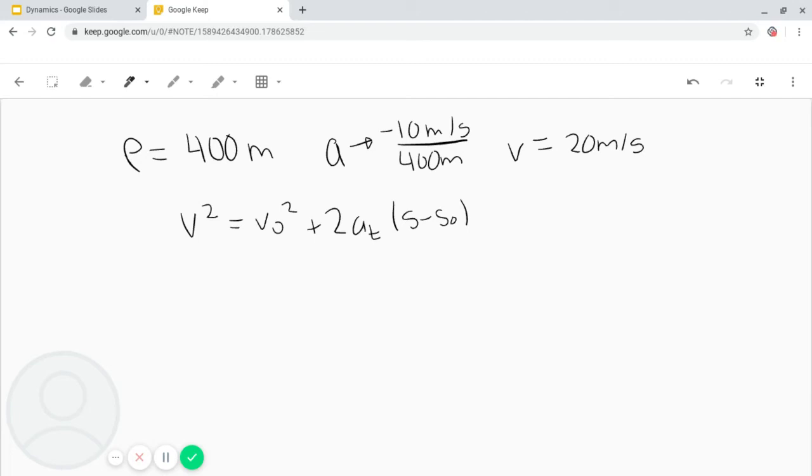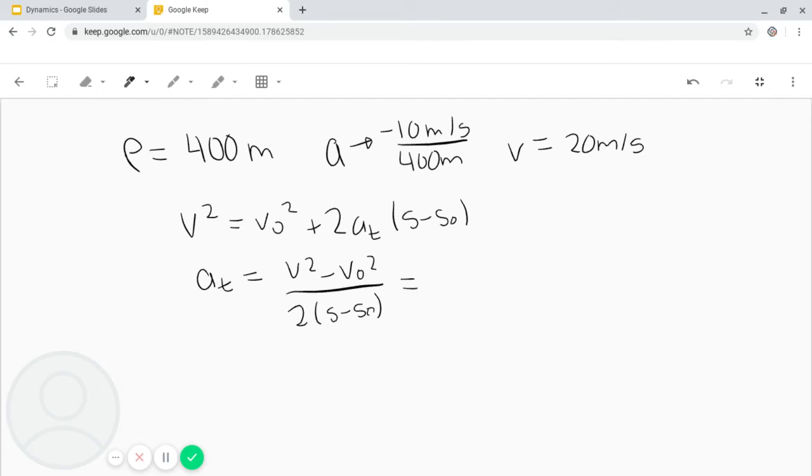So then we can find the acceleration, and we also know our velocity and the change in velocity as well. To solve for AT, which is our tangential acceleration, it's simply v squared minus v naught squared over 2 times s minus s naught.